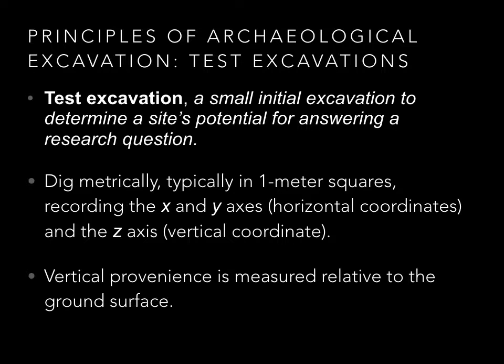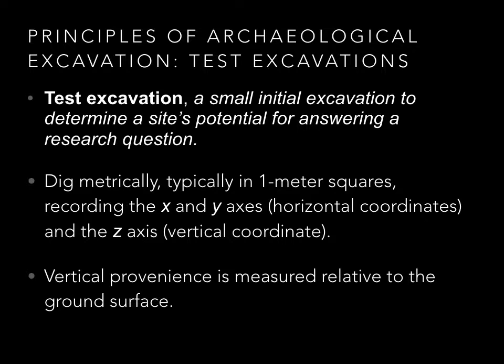So you dig in 1 meter squares, you record the X, Y, and Z axis because that is the provenience. Vertical provenience is measured relative to the ground surface. Now, I will say that that is what the author here is telling you that he does. They have their excavators record the Z in relationship to the ground surface.